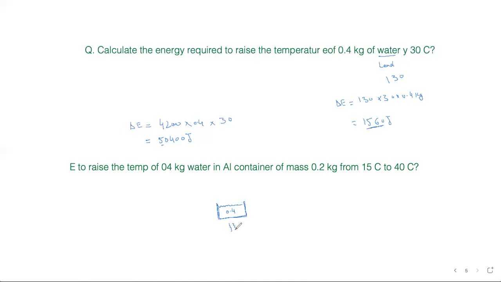The fire is here. If the fire is here, then the fire is heating up the water. So first you need to increase the temperature of the aluminium, and then the aluminium will transfer the energy to the water, isn't it? So if you want to increase to 40 degrees centigrade, then you are also increasing the temperature of the aluminium to 40 degrees centigrade, isn't it?